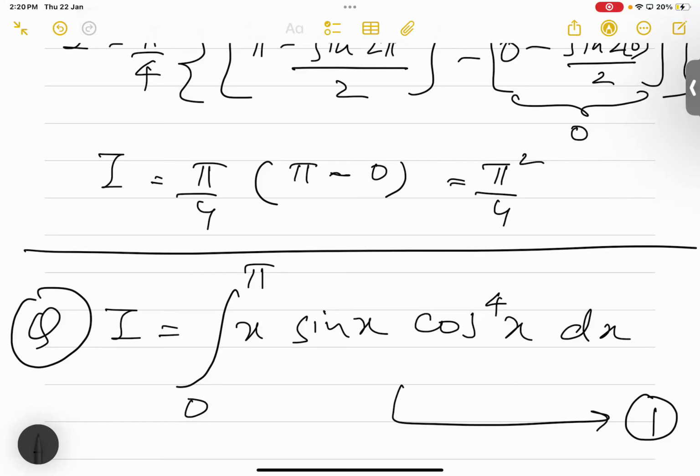What is sine pi minus x? Sin x, after applying the property. And what is cos pi minus x? Minus cos x. But cos pi minus x is minus cos x raised to 4, and minus raised to 4 will be positive.